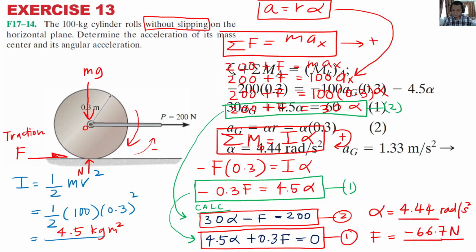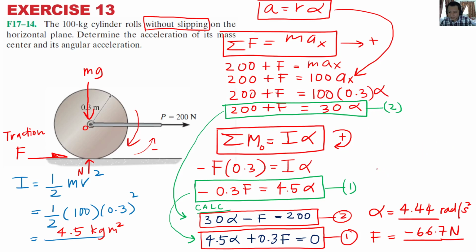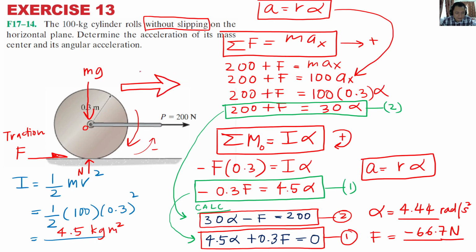Okay, so you haven't solved this one yet, right? You need to know the acceleration. Acceleration is A is equal to R alpha. You want to know this object, the acceleration forward is how much? So you gotta plug in back here.